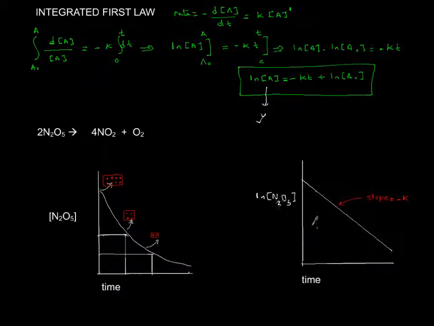This is declining, and the slope here is minus k, because this is your mx, and this is your intercept. Here you have the natural log of A0, the number you had to begin with, and it's being declined.